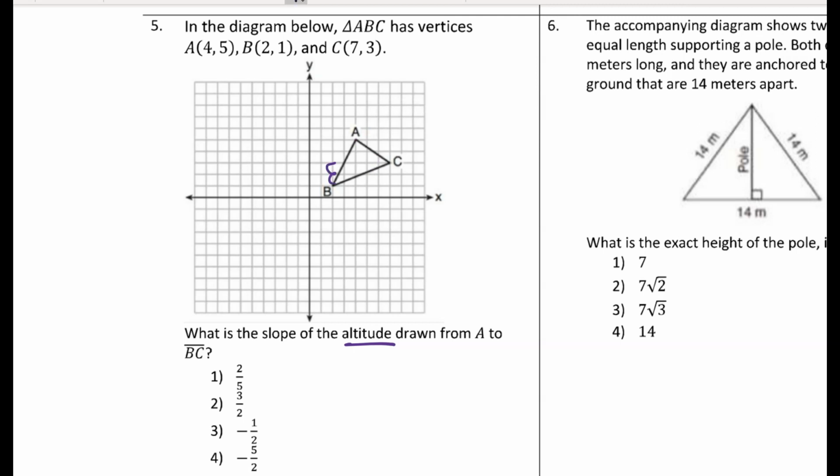So I go 1, 2, 2 up, and 1, 2, 3, 4, 5 over. So my slope of BC is just my change in y divided by my change in x, which means my slope perpendicular to BC is just the negative reciprocal, negative 5 over 2.